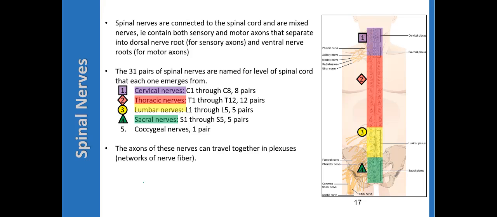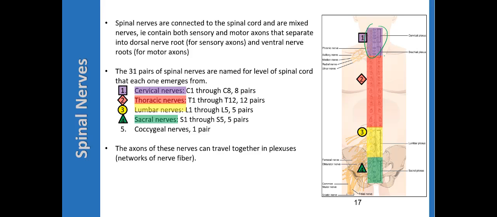The first part of the peripheral nervous system is the spinal nerves. Basically, the spinal nerves are named for the level of the spinal cord that each one emerges from. There are 8 cervical nerves that emerge from the cervical vertebrae.